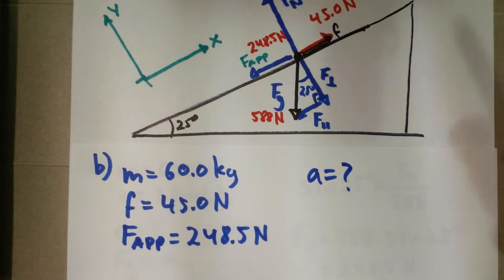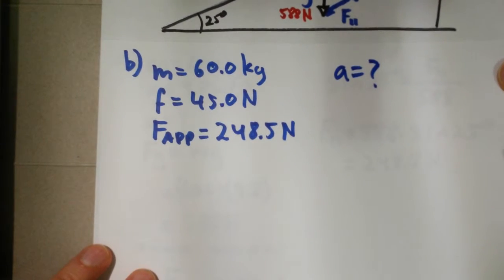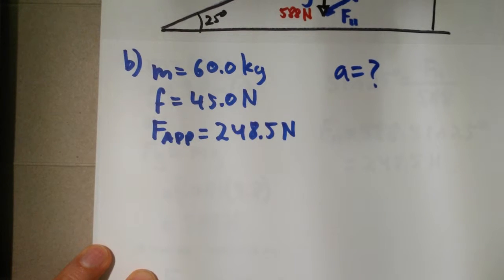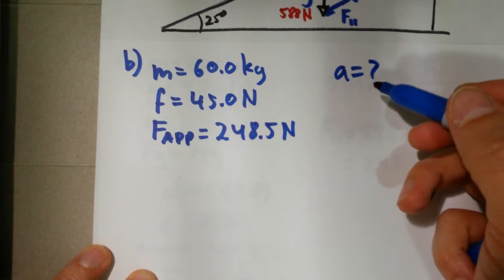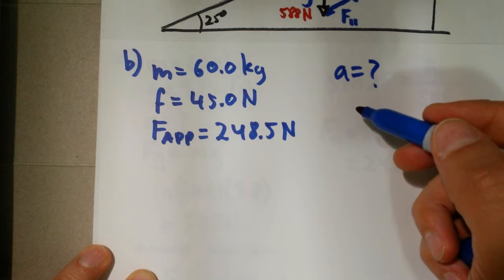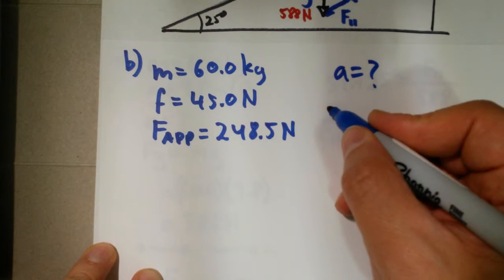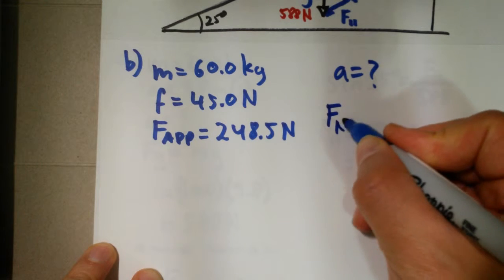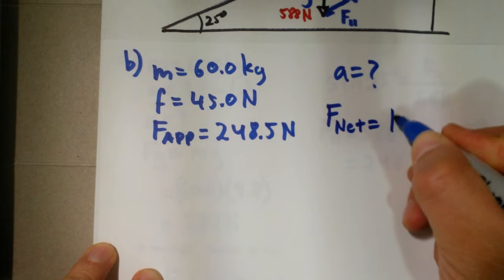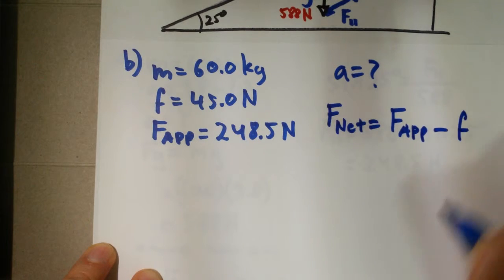Okay, so now we are still going to use that formula, which is force equals mass times acceleration, and might as well just start writing it down. Before we find what the acceleration is, example B will be different, of course, because now we're involving friction. Well, let's remind ourselves of this. The net force is equal to the applied force minus the force of friction, with a small f.